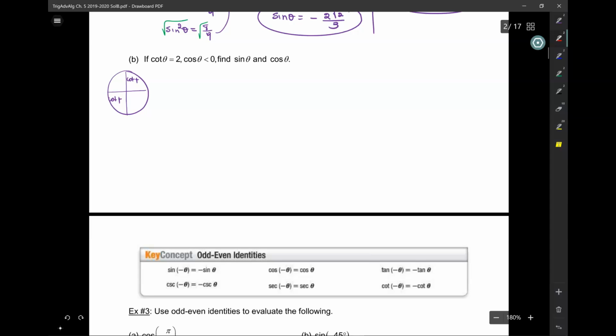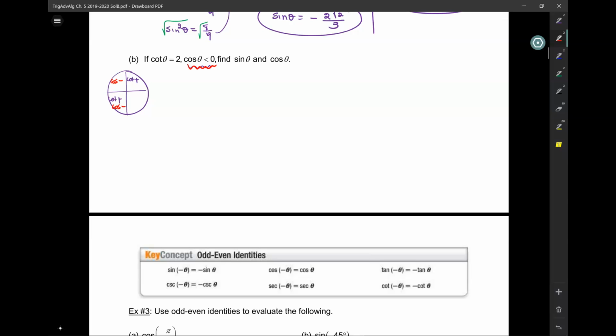All students take calculus, and cotangent goes with tangent. Students take calculus. So wherever it lands, that's where it's positive. And then here I have cosine is negative. Let's do that in red. Cosine is negative in quadrant 2 and in quadrant 3.